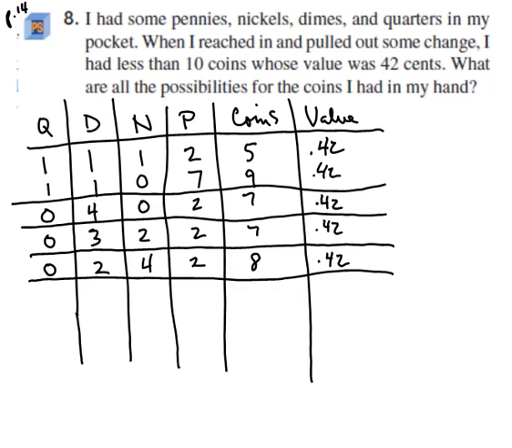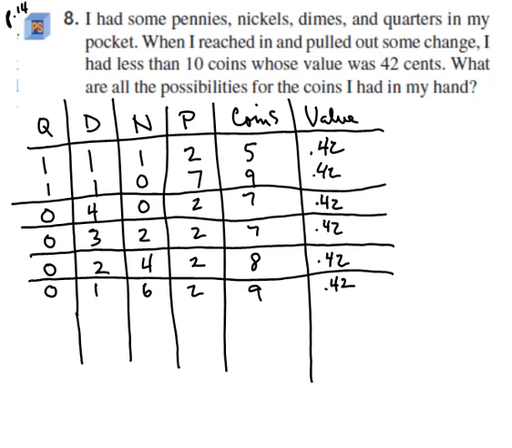Next, if I was going to try to use 0 quarters and 1 dime, which would be 10 cents, I would need another 30 cents, which would be 6 nickels and 2 pennies left over. And so that does keep me under the 10 limit. So I have 9 coins and a total of 42 cents.